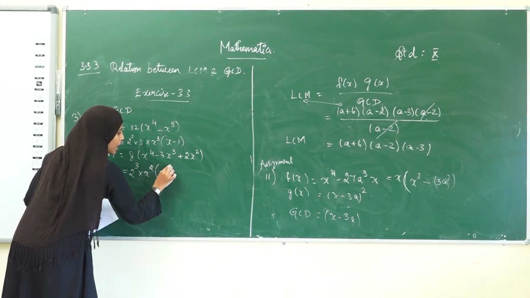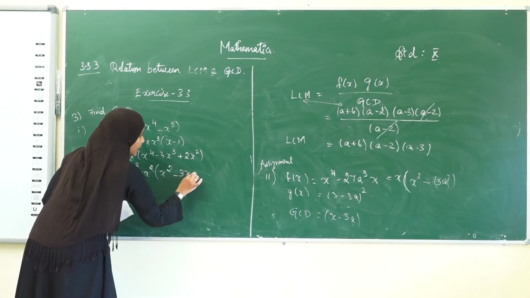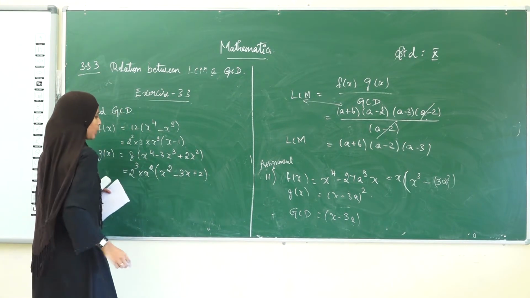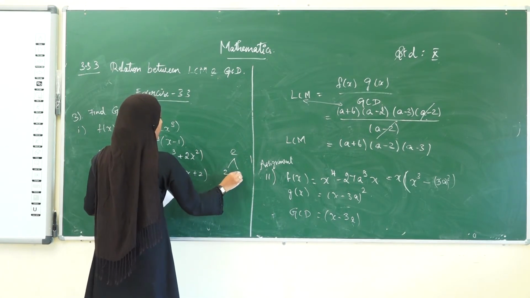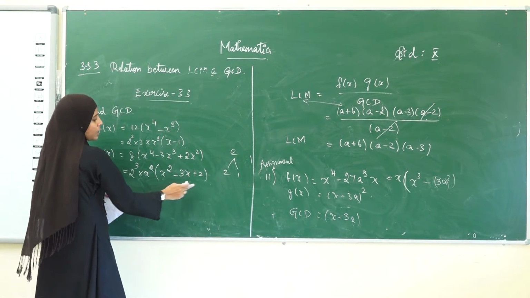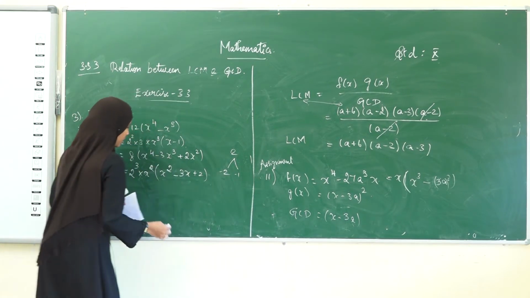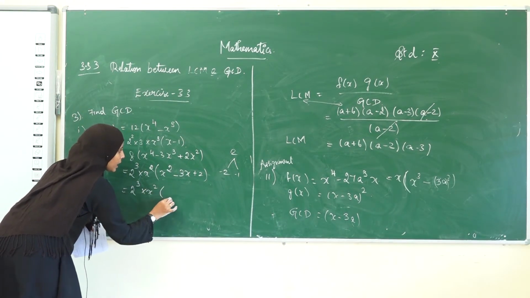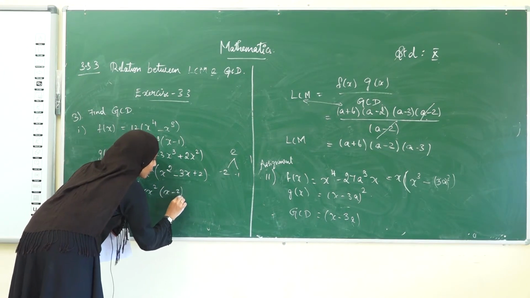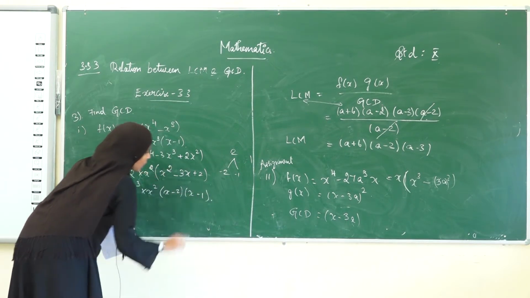What are the remaining terms? x squared minus 3x plus 2. Okay. We can factorize this. 2 into 1 is 2, but we should get minus 3 while adding this. Therefore, we are adding minus. Therefore, this can be written as 2 cube into x squared into x minus 2 into x minus 1.